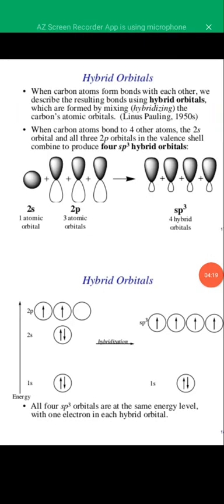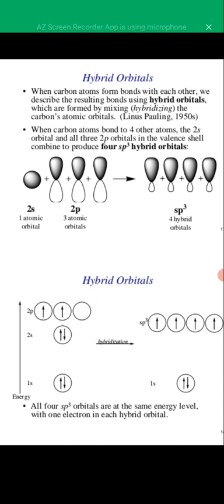All right, so we now move on to hybrid orbitals. When carbon atoms form bonds with each other, we describe the resulting bonds using hybrid orbitals. Because carbon is one of the key elements that undergo hybridization, the bonds formed can be expressed using hybrid orbitals, which are formed by mixing.